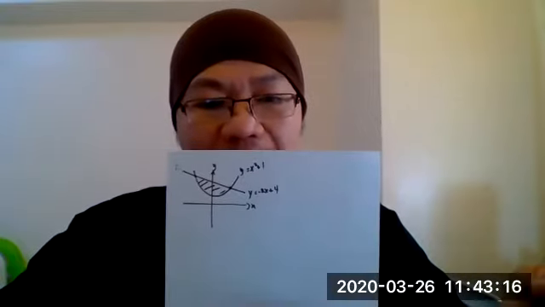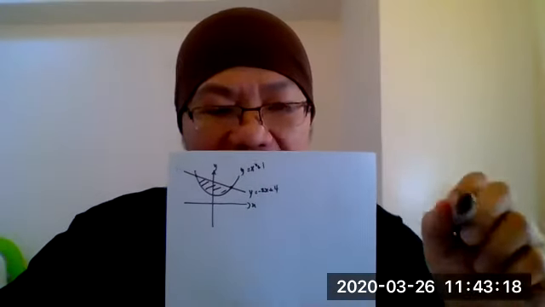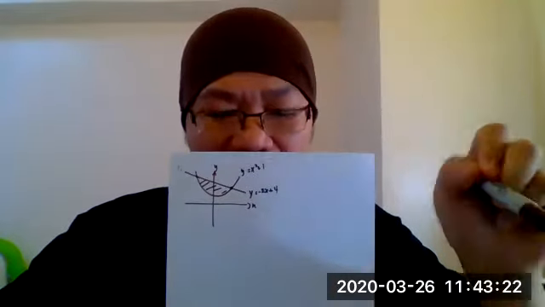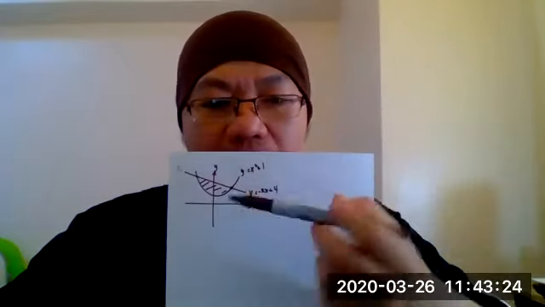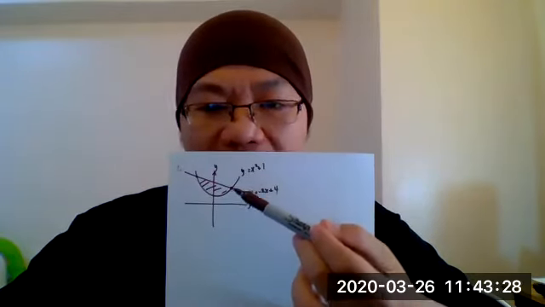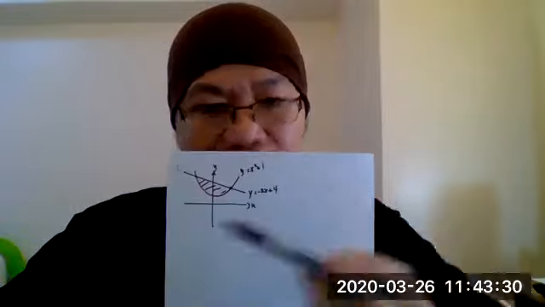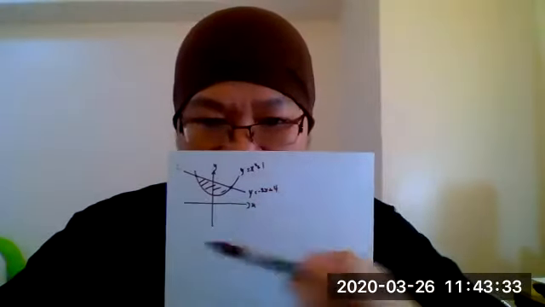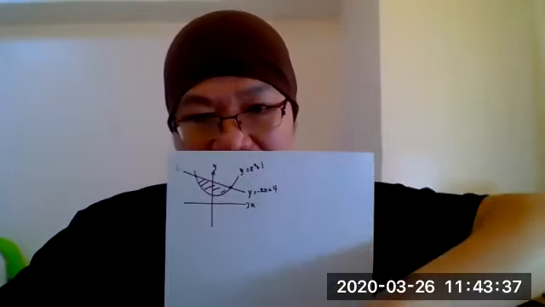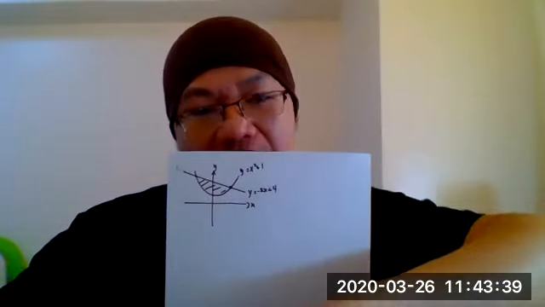Now, before we solve the problem, always remember which one is the top, which one is the bottom. So from the diagram given, the straight line will be our top, dia bumbung. But the curve acts as a base, sebab dia di bawah.